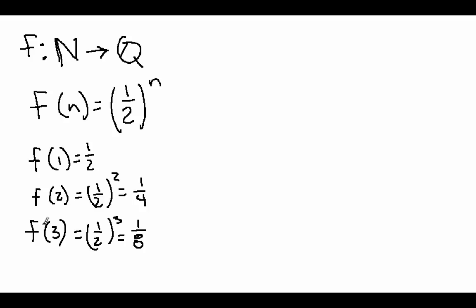And you can see that this goes on and on and on. So that's an example of mapping the natural numbers to the rational numbers.